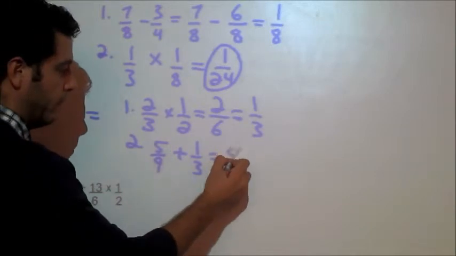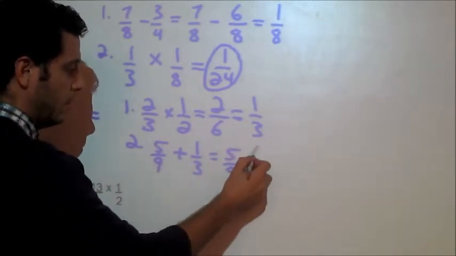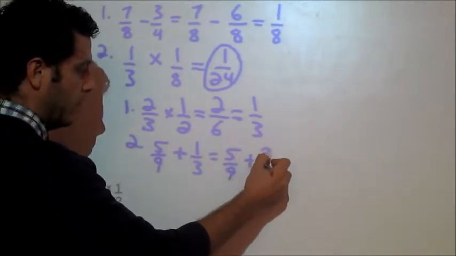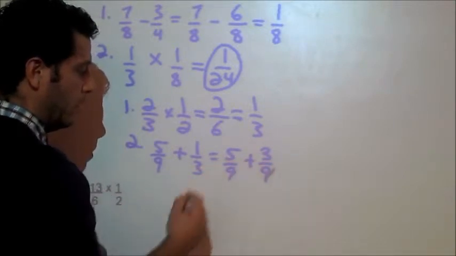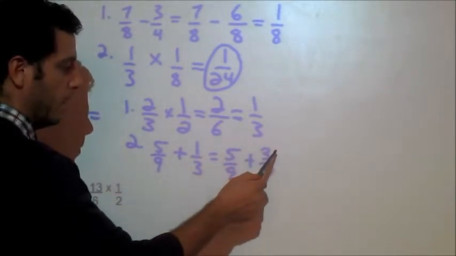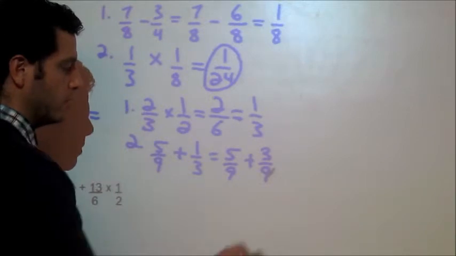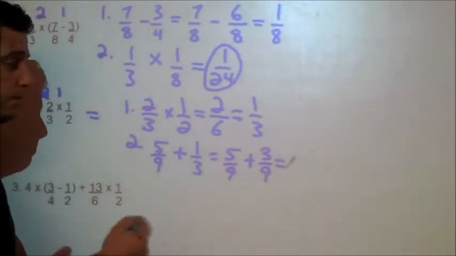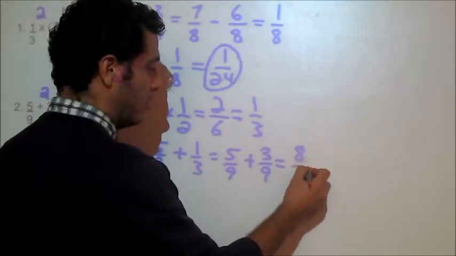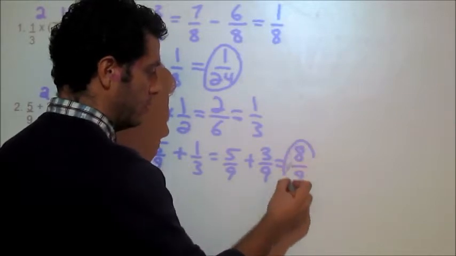So 5/9 plus 3 over 9. 1/3 and 3 over 9 are equivalent fractions. Now we can just add. So 8 over 9, or 8/9.